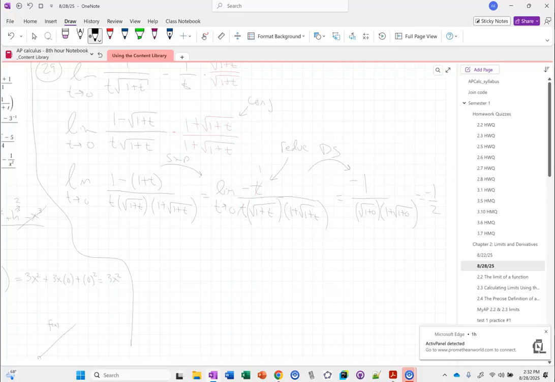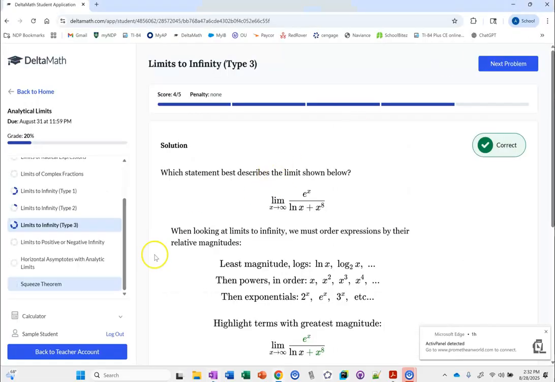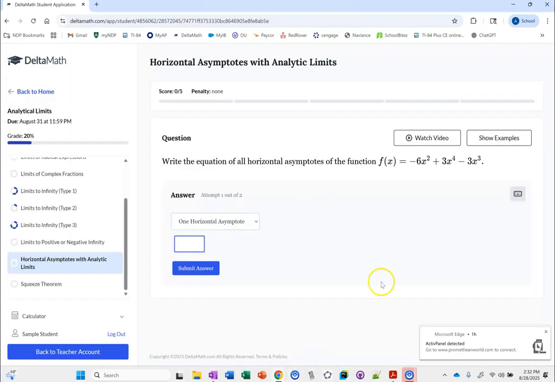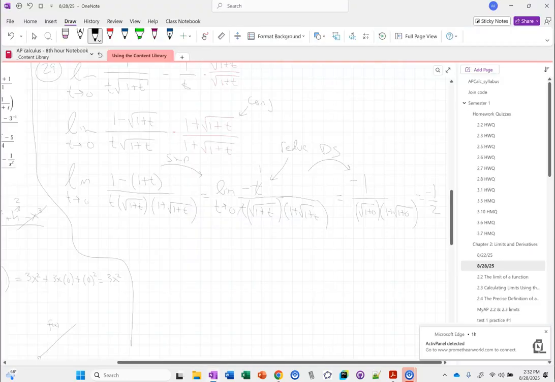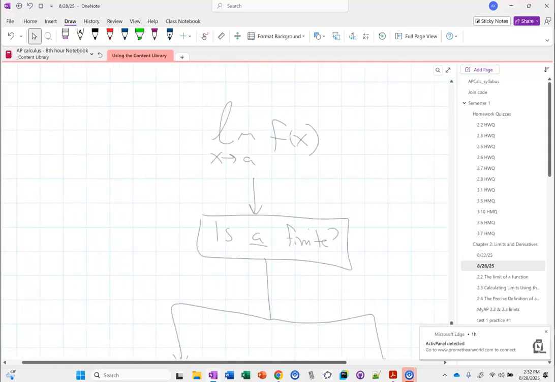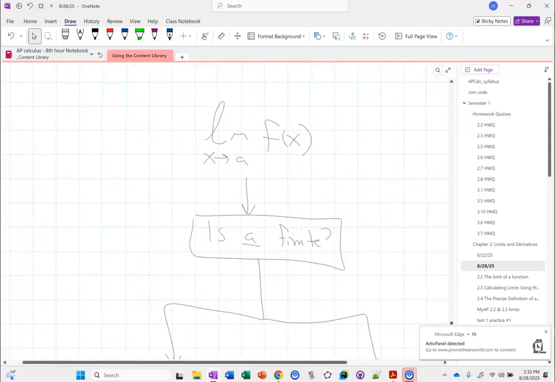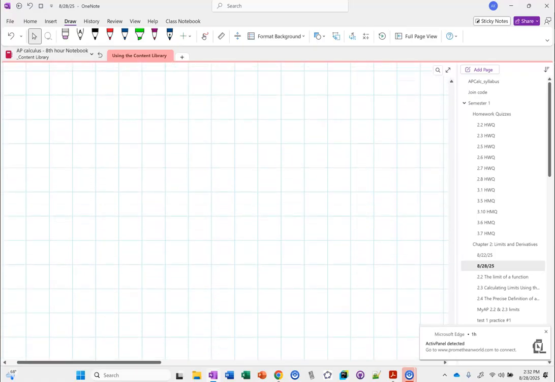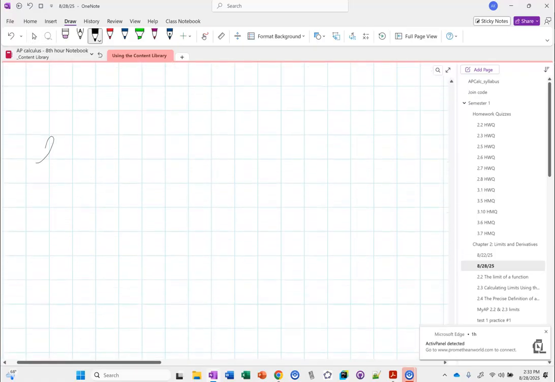Okay. Horizontal asymptotes with analytical limits. They have an e to the negative x and stuff, and I don't know how to. Let me just write it down because this is something specific that you're seeing. So it's in parentheses.